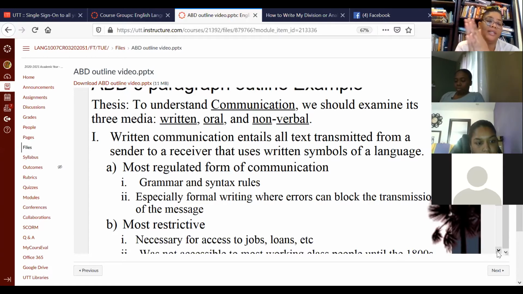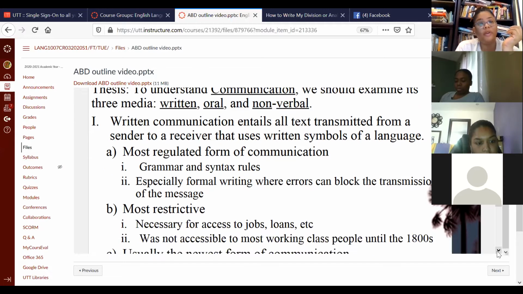Written communication entails all text transmitted from a sender to a receiver that uses written symbols of a language, right? It is the most regulated form of communication. It has more exacting standards and rules, like grammar and syntax. Takes a more formal register.